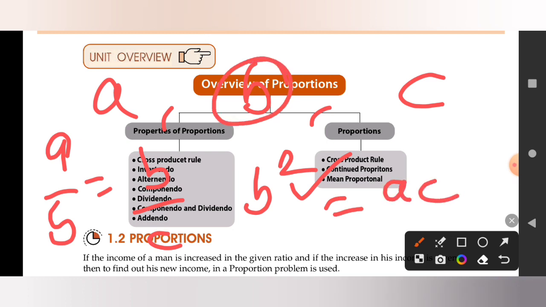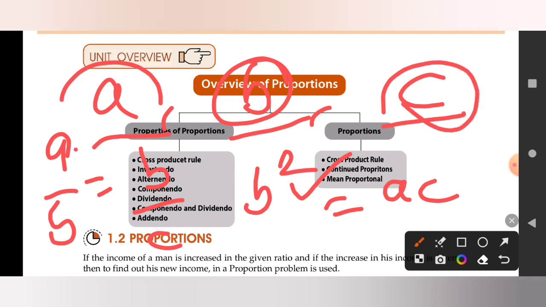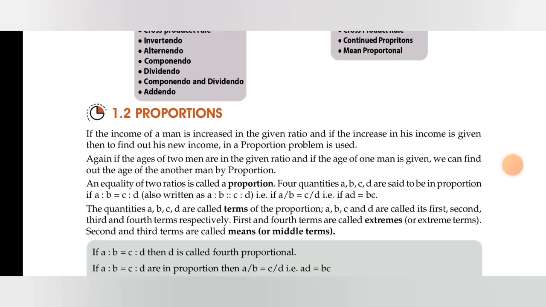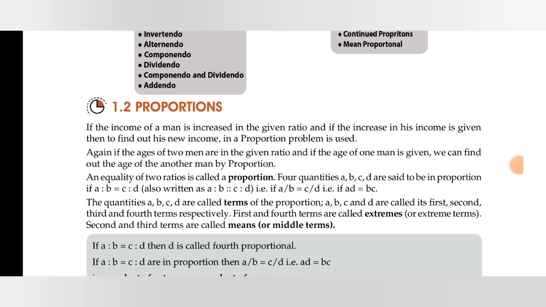So B is the mean proportional of the above three numbers, and A, C are the extremes, or first proportion and third proportion. So mean proportional means B is the square root of the product of AC. All right, let's move ahead and start with our text.